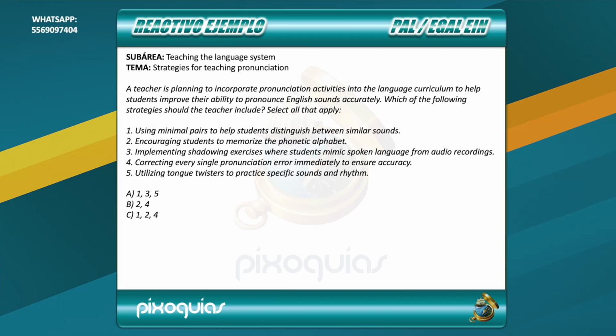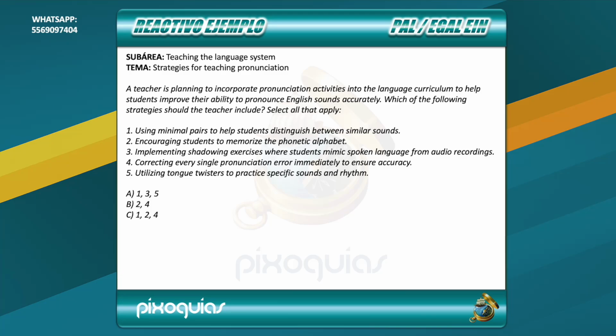The next exercise: strategies for teaching pronunciation. A teacher is planning to incorporate pronunciation activities into the language curriculum to help students improve their ability to pronounce English sounds accurately. Which of the following strategies should the teacher include? Select all that apply. 1. Using minimal pairs to help students distinguish between similar sounds. 2.